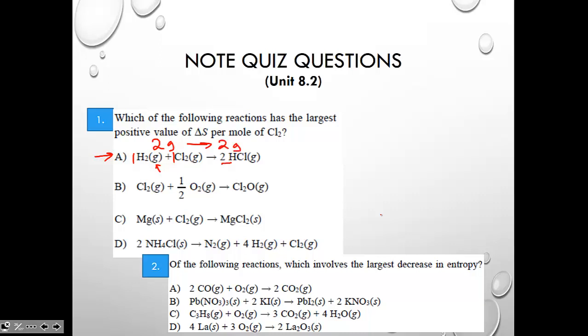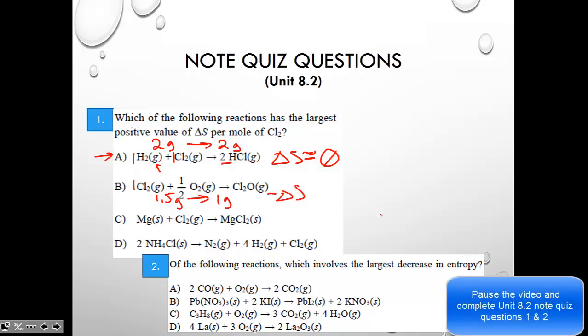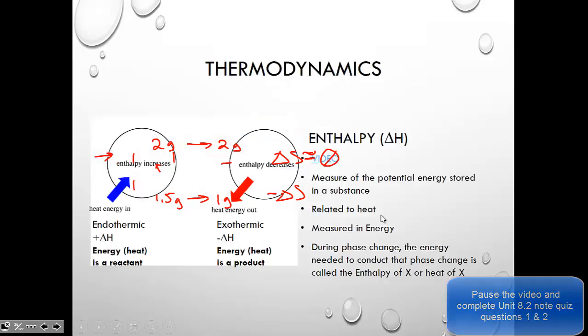This has very little change in entropy for this reaction. However, if we have 1.5 gases that become a single gas, this would have a negative entropy. So pause the video and answer note quiz questions 1 and 2.